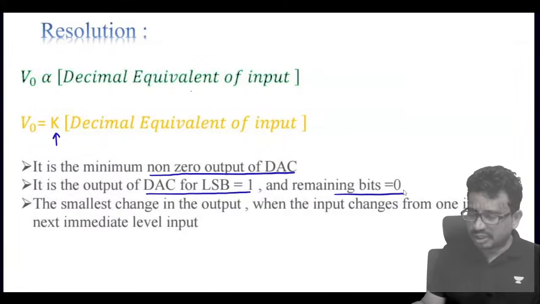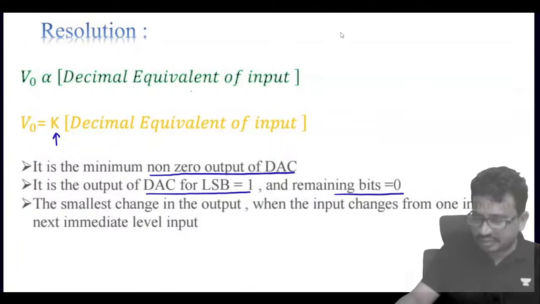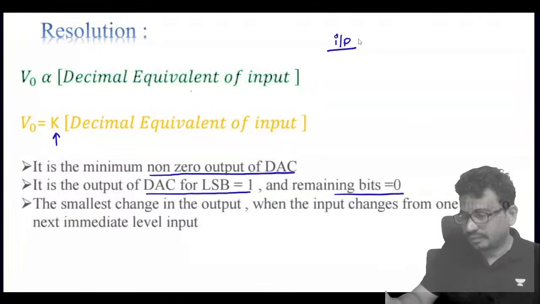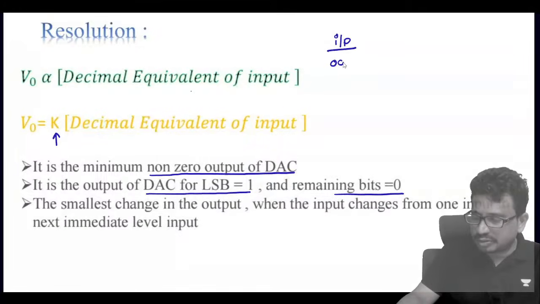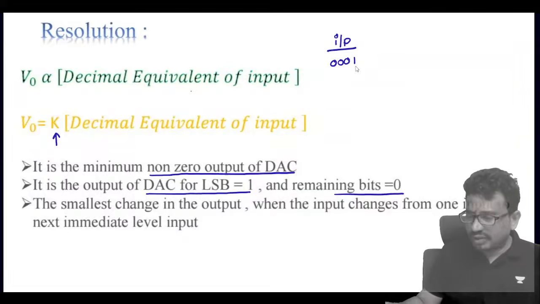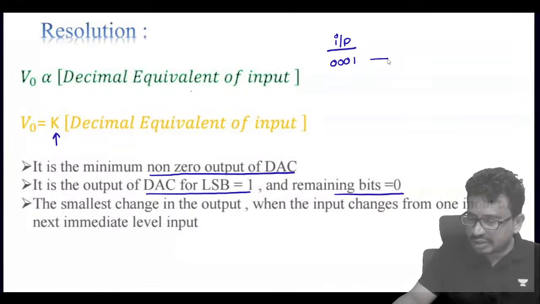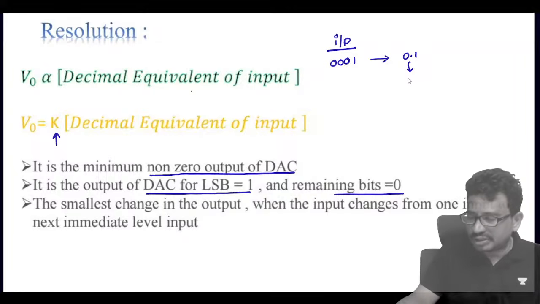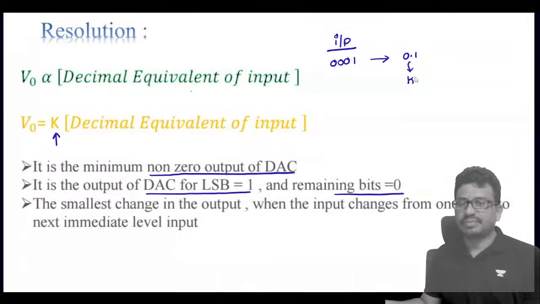What is the minimum digital input I can give? Minimum digital input is 0 0 0 only. Here, with 0 0 1, LSB is 1. When this 0 0 1 is given, we get some output, say 0.1. This output is called the resolution.